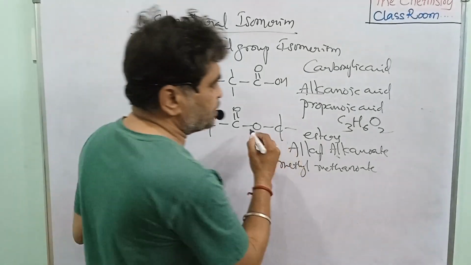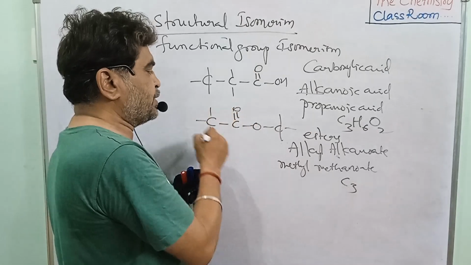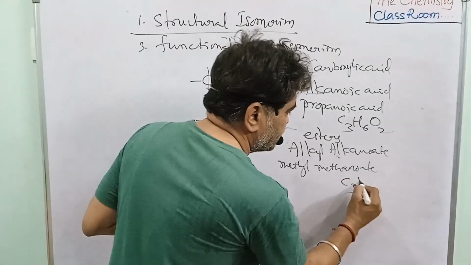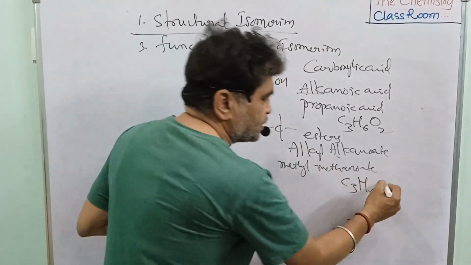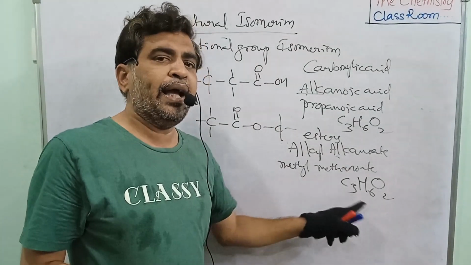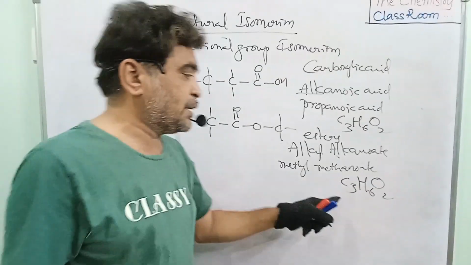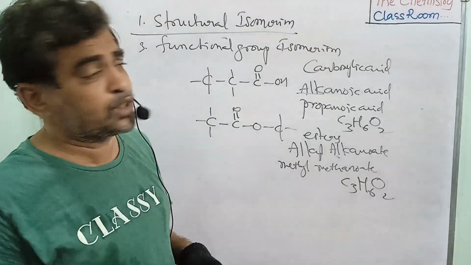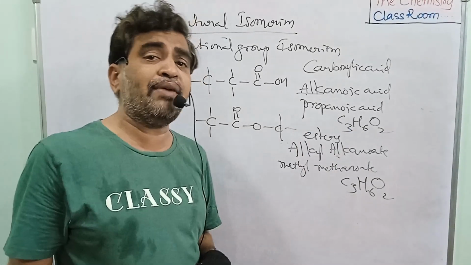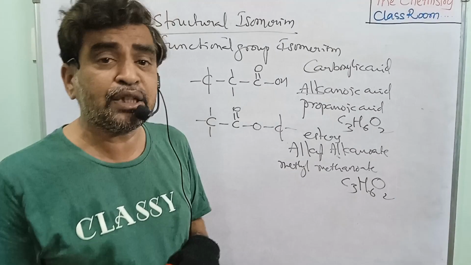How many carbons do we have here? 3 carbons only. How many hydrogens? 3 plus 3, 6 hydrogens. How many oxygens? 2 oxygens. The molecular formula of this compound is also C3H6O2. The first compound is C3H6O2 and the second compound is also C3H6O2. The two compounds have the same molecular formula but they differ in the functional group.